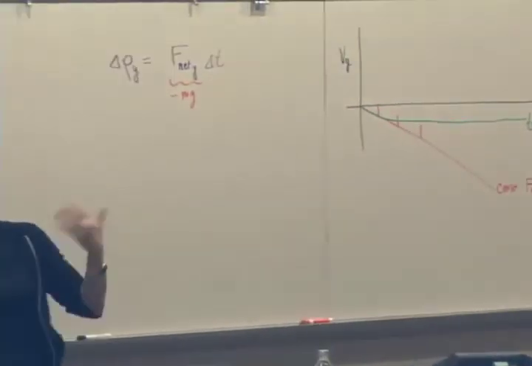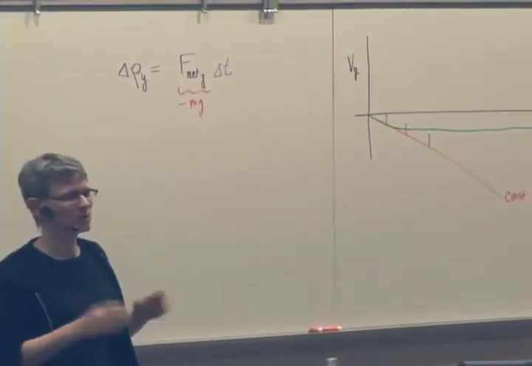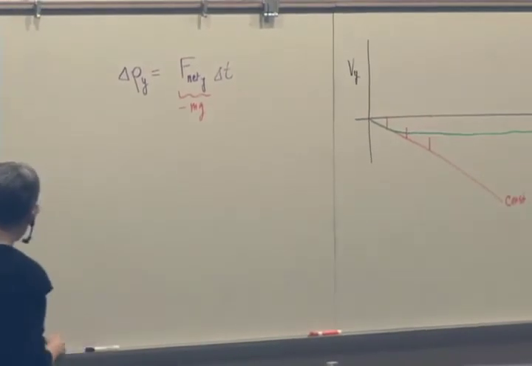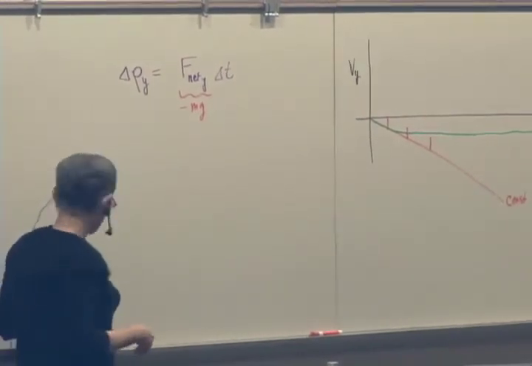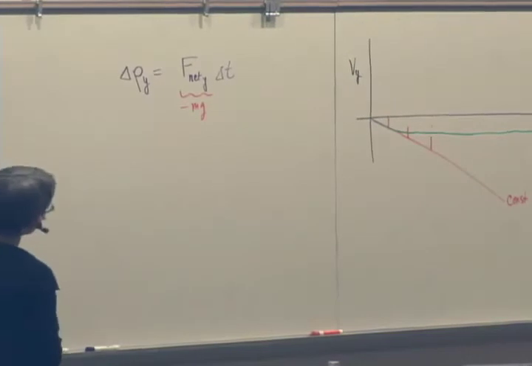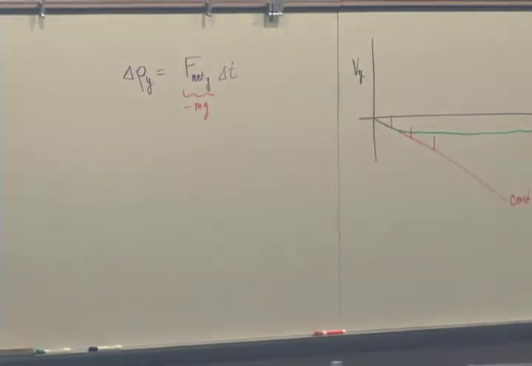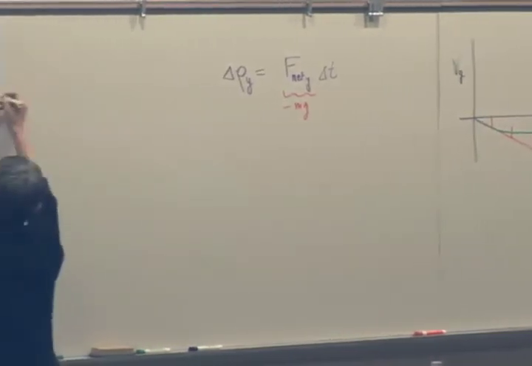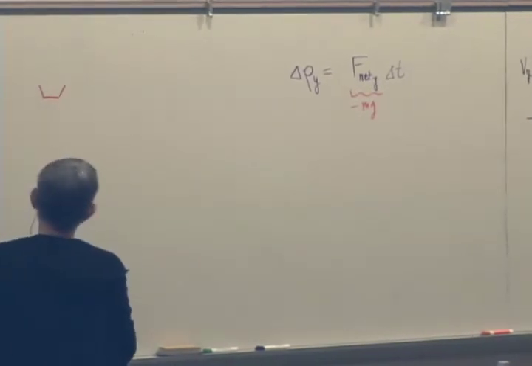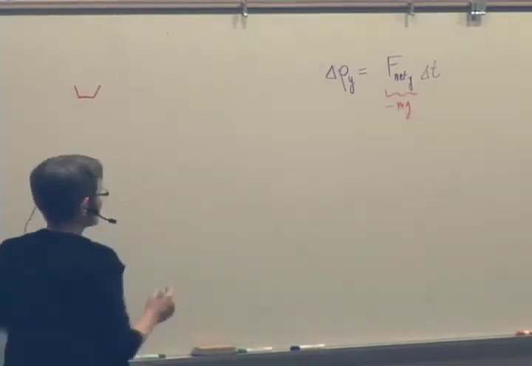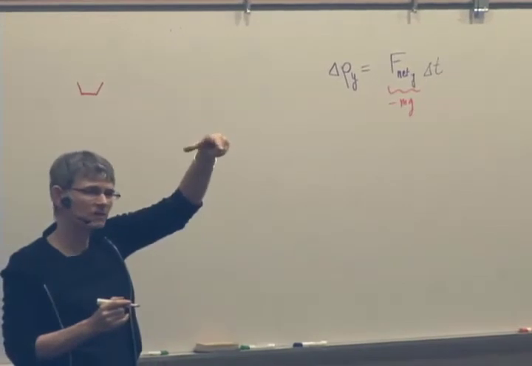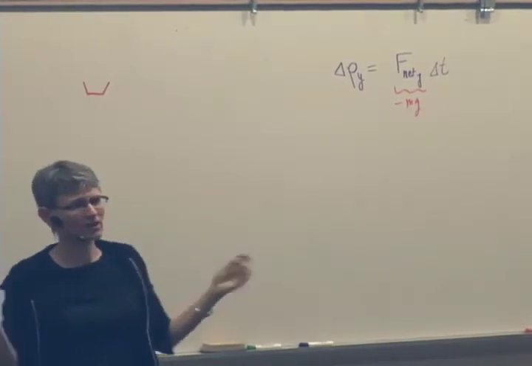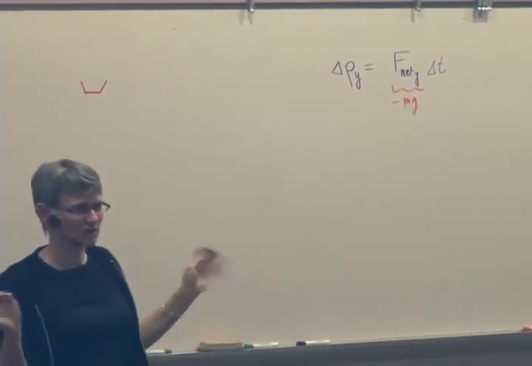So let's think just in terms of the momentum principle about what's going on here. Initially, here's our coffee filter, and it's at rest. When we release it, the only force acting on it is the gravitational force because it's not moving.